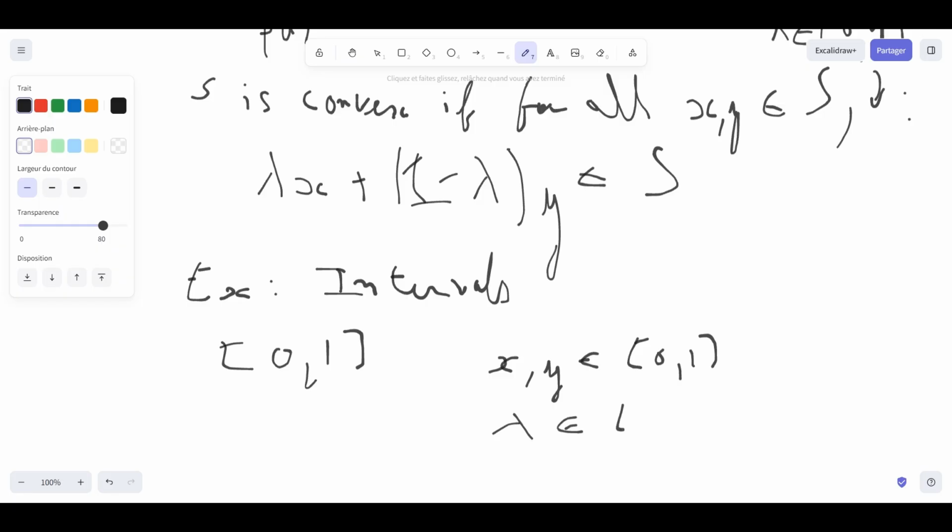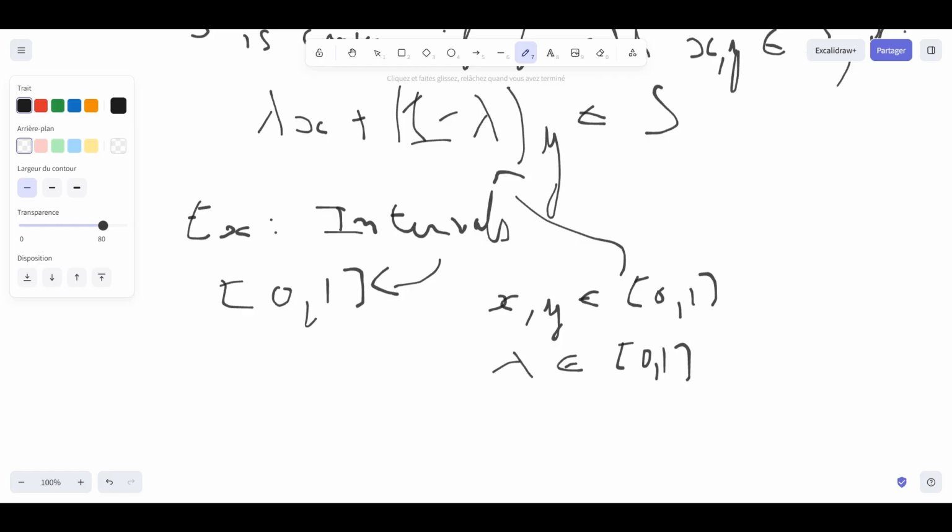And so if you try to apply this definition, you will see that you cannot find some x and y such that you can go outside of it. So that's it for it. I think it's clear, but maybe.